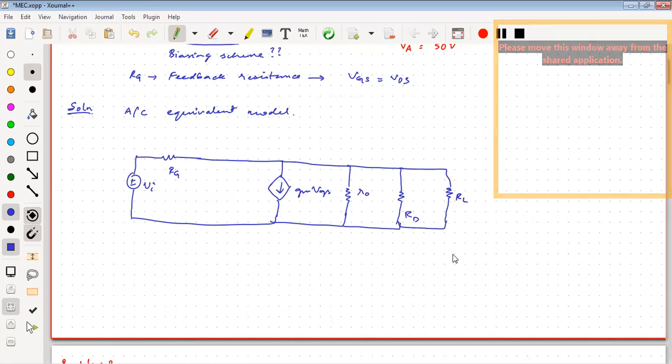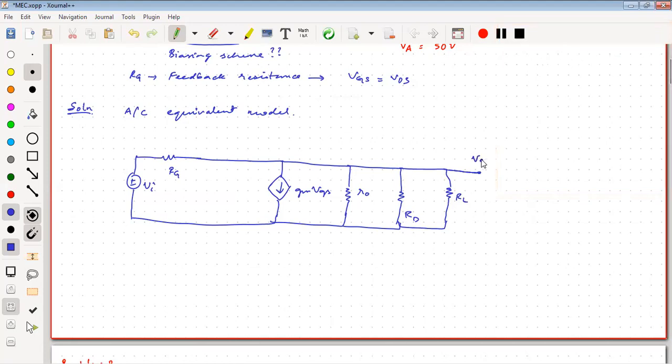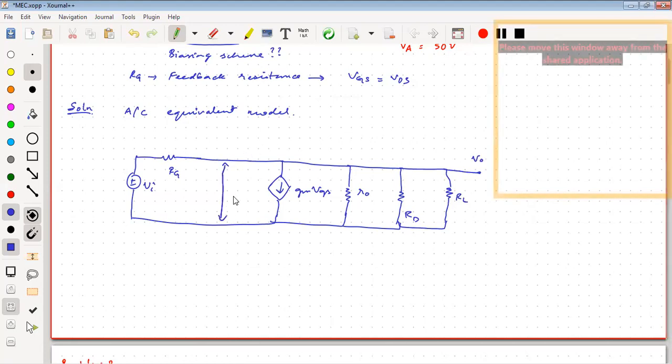So this will be V0, and this voltage will be VI. The current flowing like this will be II, the input current. This will be ID.